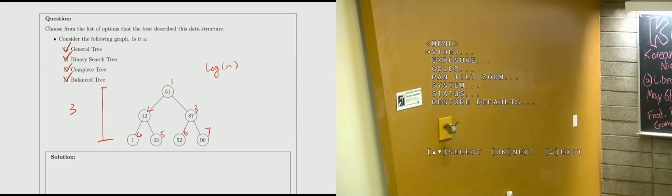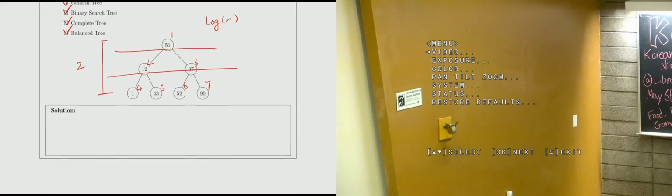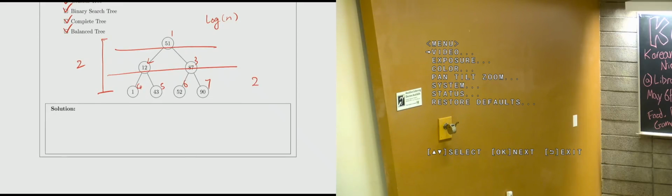A height is 2, right? Yeah, it's 2, sorry. So the height is 2. So the total number of nodes, if we denote the height as h, is 2 to the h plus 1, minus 1, and that equals n.